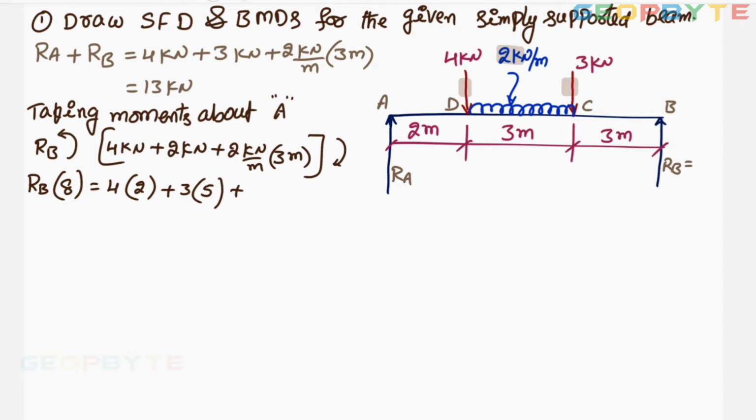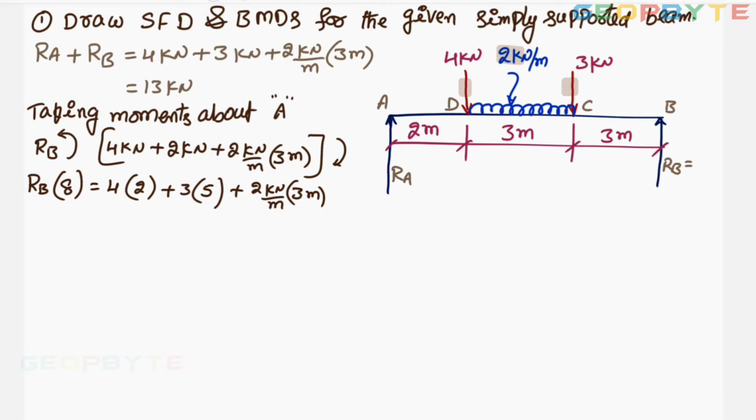Now come to the UDL. For getting the moment for the UDL, first you have to convert the UDL to a point load. How do you get the point load from the UDL? By multiplying UDL with UDL distance: 2 kilonewton per meter into 3 meters. That resultant point load is acting at the middle of the DC.